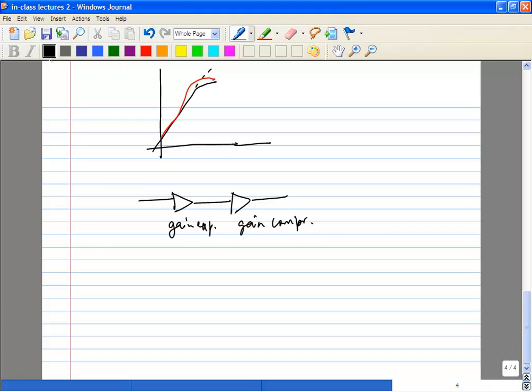Okay, so let's look at the harmonic terms. For the second harmonic, alpha 2 A, actually let's just do it this way.